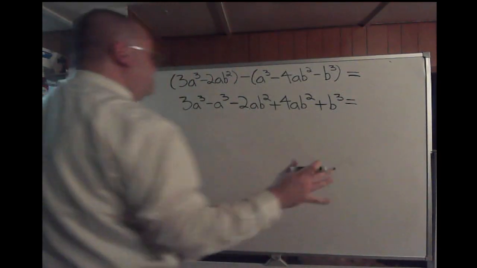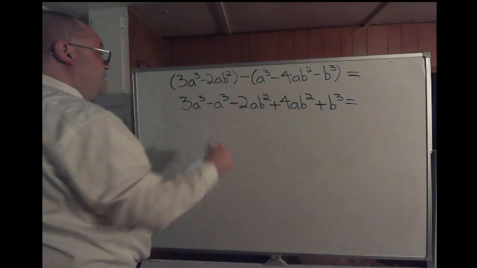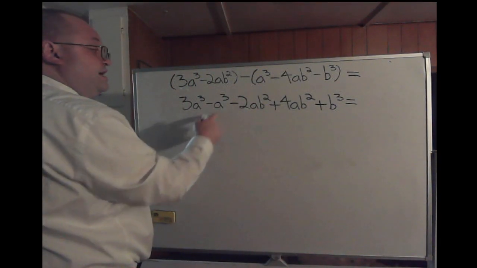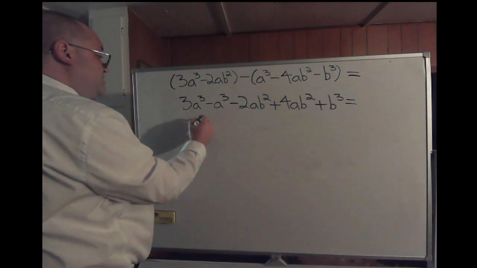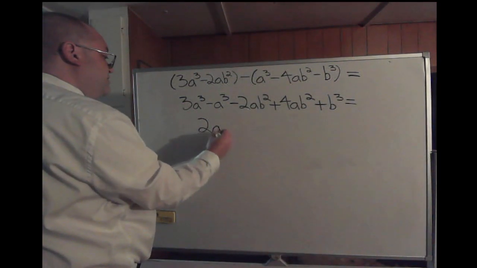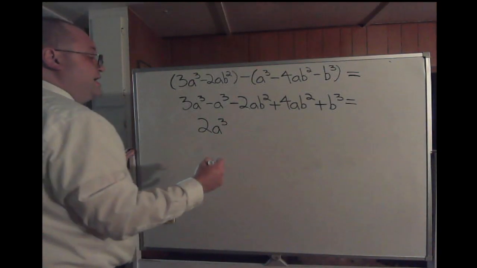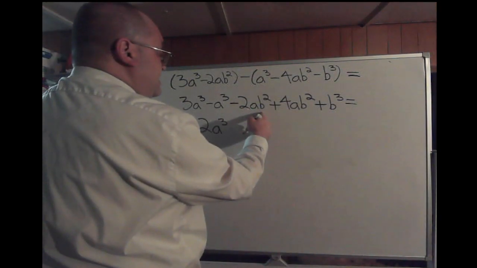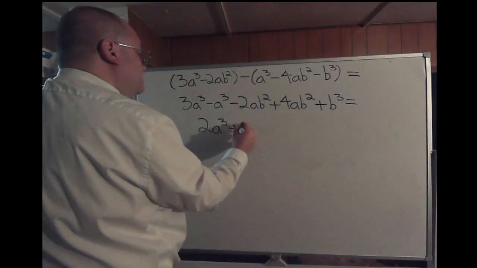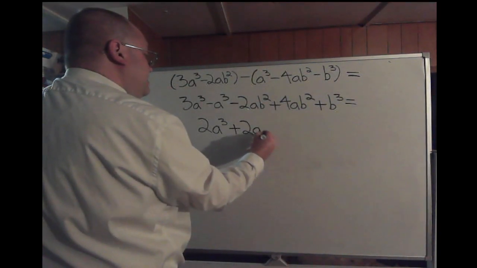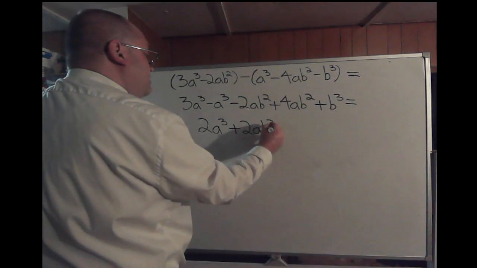So now we can go through and simplify all this. We have 3a to the third minus a to the third. So 3 minus 1, that's 2. You would get 2a to the third. Now you have minus 2ab to the second power plus 4ab to the second power. That gives you plus 2ab to the second power.